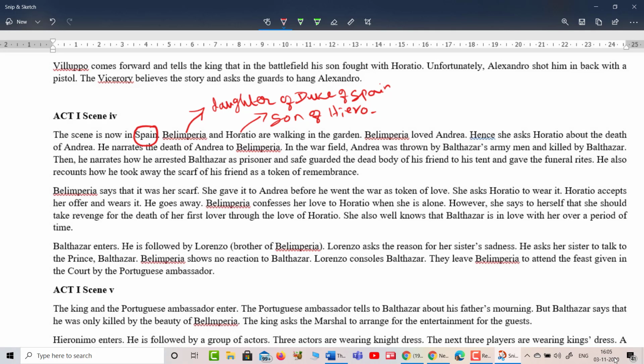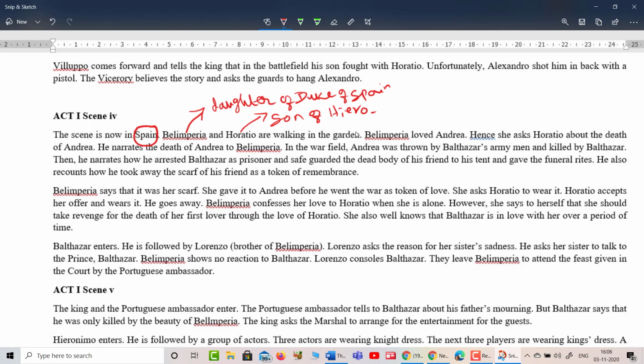Bel-imperia was in love with Andrea in the past. Hence, she asked Horatio about the happenings of the war. So Horatio narrates the death of Andrea to Bel-imperia.